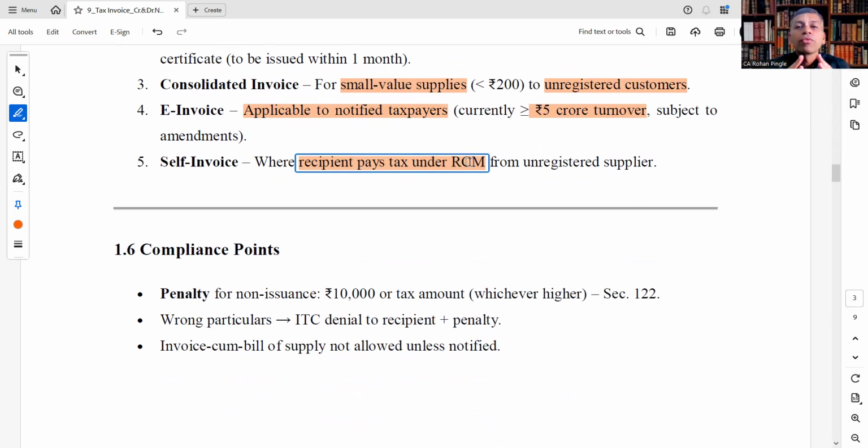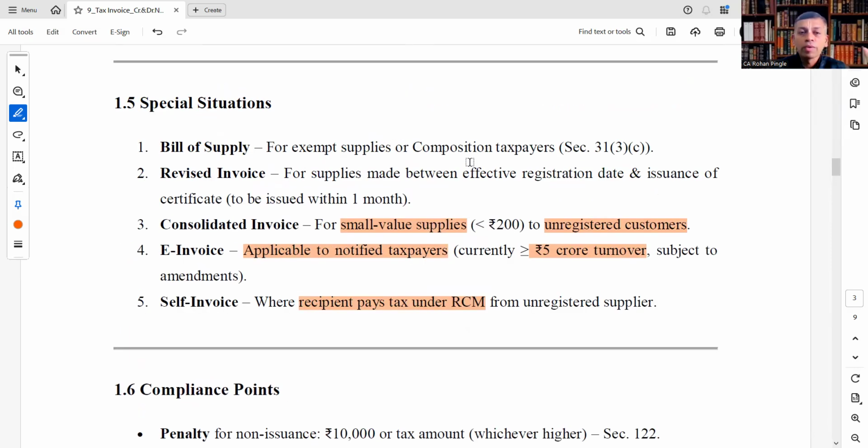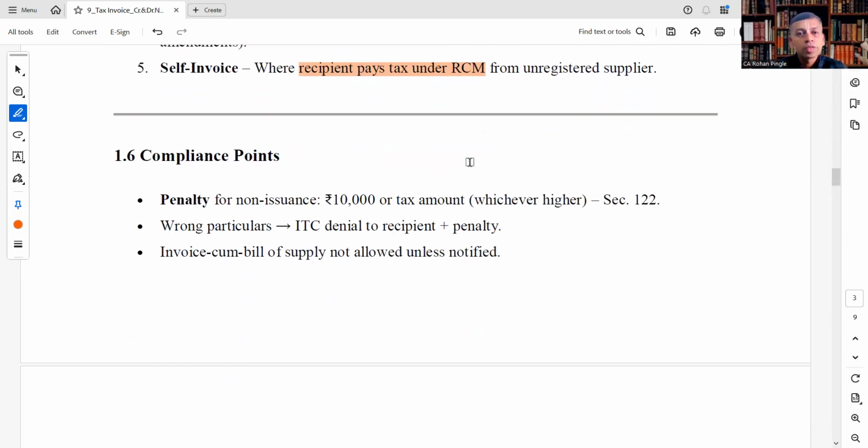Means for example, you are receiving service from an advocate, then that will be covered under RCM, and then you have to generate a self-invoice to take the credit of RCM paid by you. So these are the special situations: bill of supply, revised invoice, consolidated invoice, e-invoice, and self-invoice.